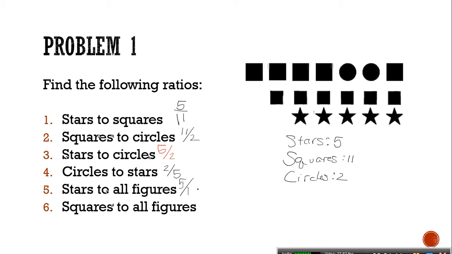So I have 18 figures in all. Now they want to know about squares to all figures. So I have 11 squares, and I have 18 figures. Notice how none of these fractions simplify down into lowest terms.